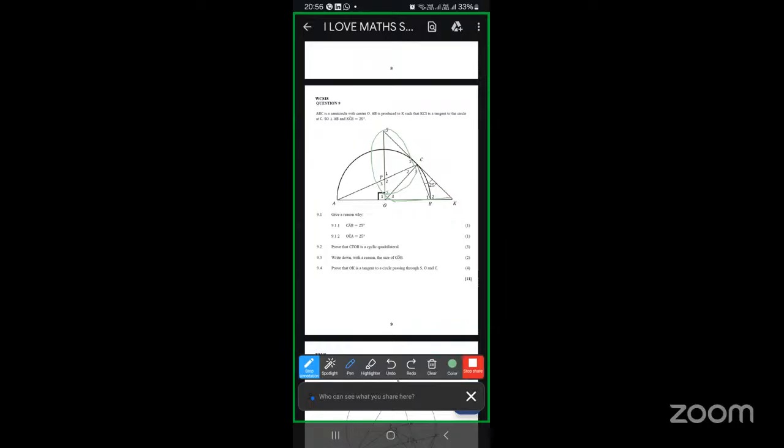Okay, ma'am, yes? I proved that angle S is equal to angle O3. Then the reason why OK is a tangent is because of the converse of the tan-chord theorem.